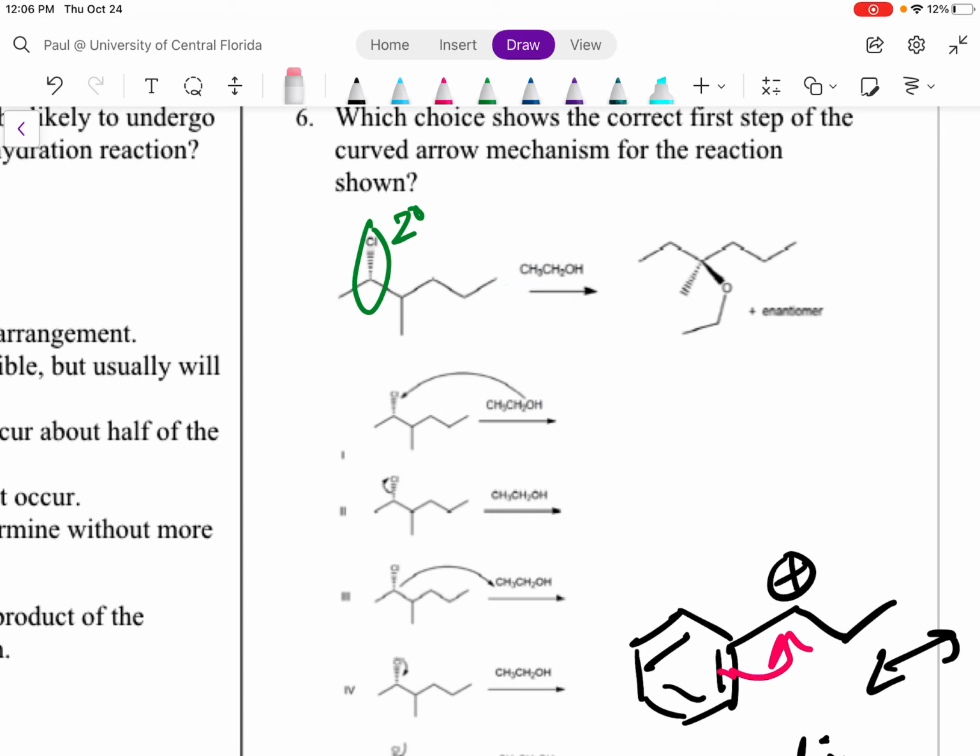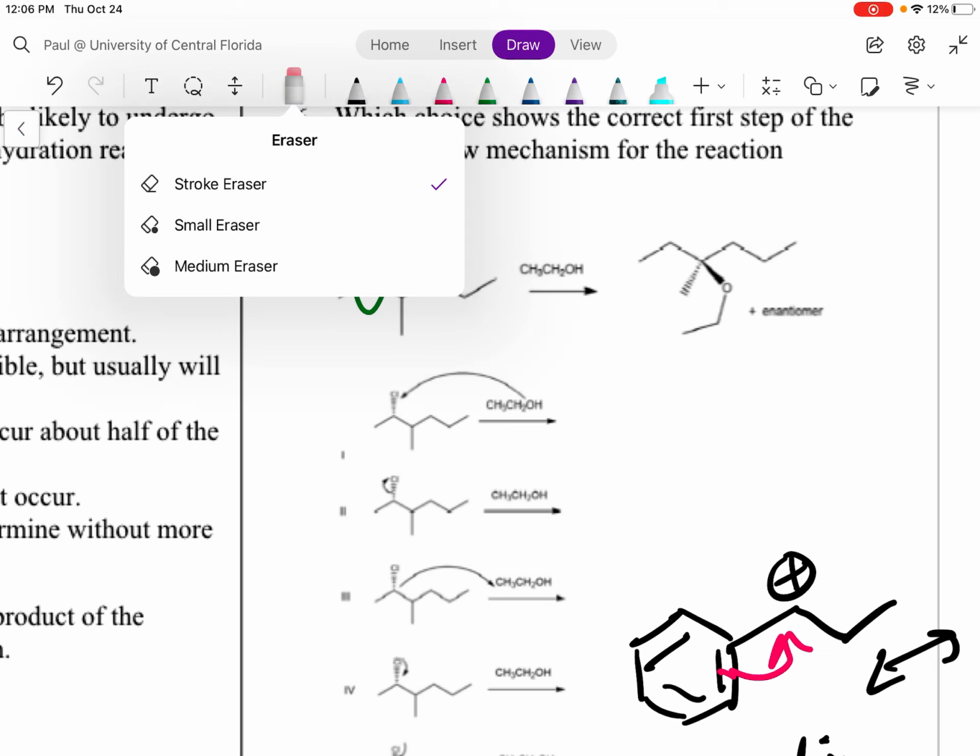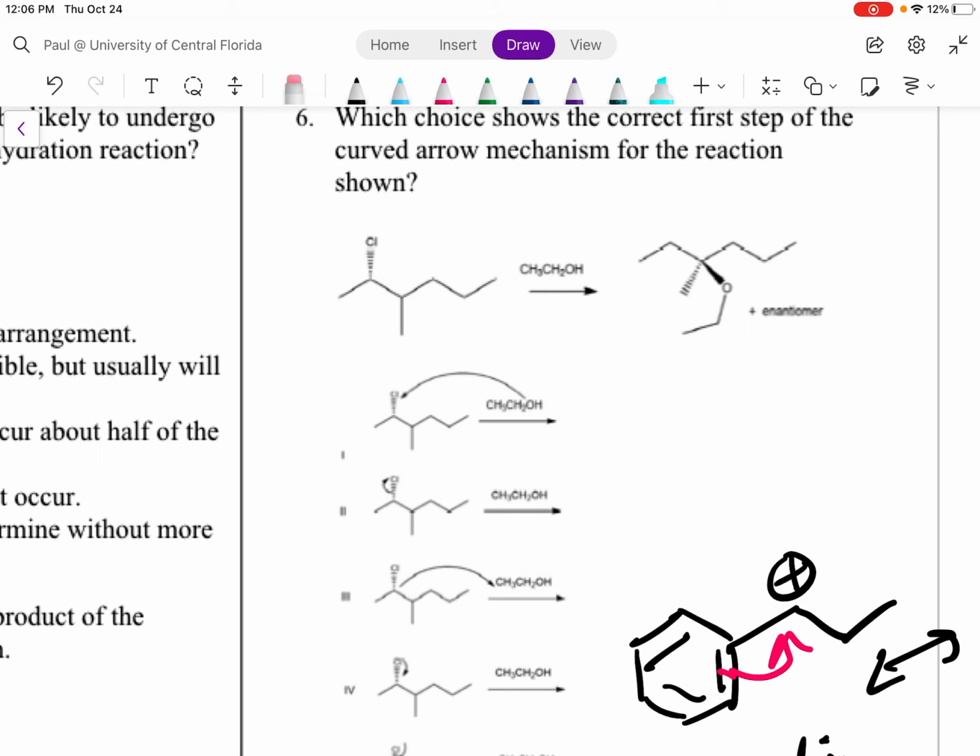And now we just think about it logically here. It's going to be an SN1 mechanism. Everything's screaming SN1. So if it's SN1, then what's the first step in the mechanism? Well, the leaving group has to leave. And when that leaves, we get this species right here. We get a secondary carbocation. We have to stop.